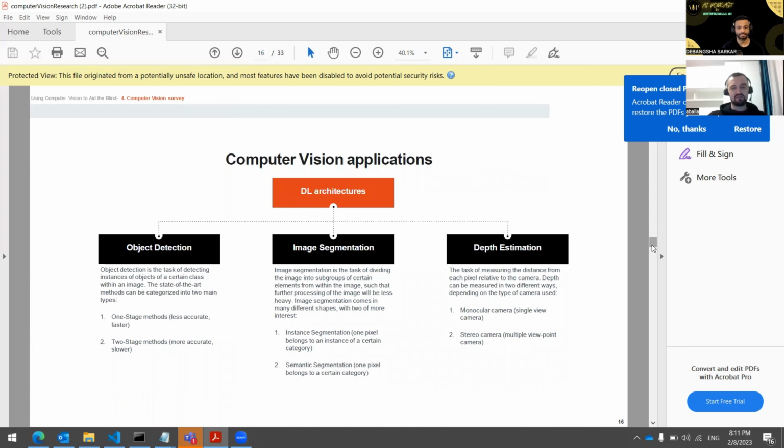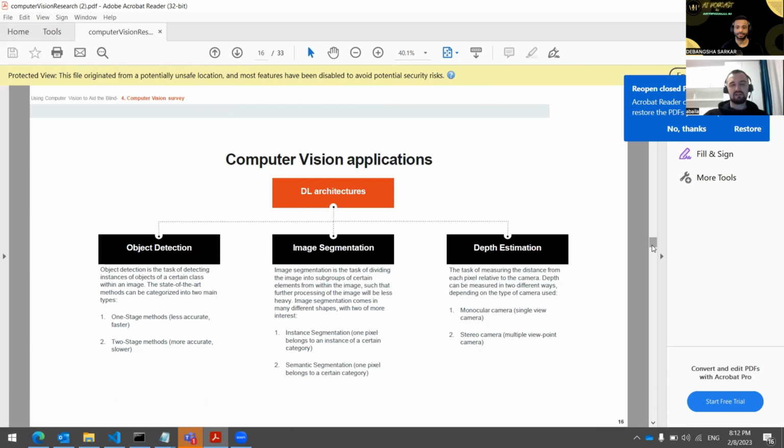Here we're gonna look at certain architectures, which are deep learning architectures. The first of which is object detection, which is basically the task of detecting instances of objects of a certain class in an image. There are certain methods that can be applied. Some state-of-the-art methods include one-stage methods, which can be less accurate but faster.